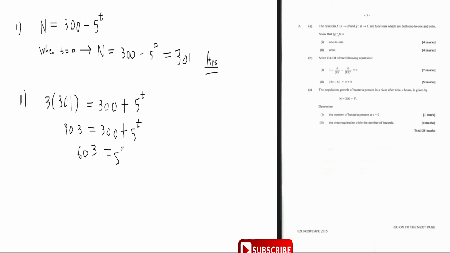To solve for t now, all you need to do is take the log of both sides. So the log of 603 is going to be equal to the log of 5 to the t, but by laws of logarithms, we can bring down the t.